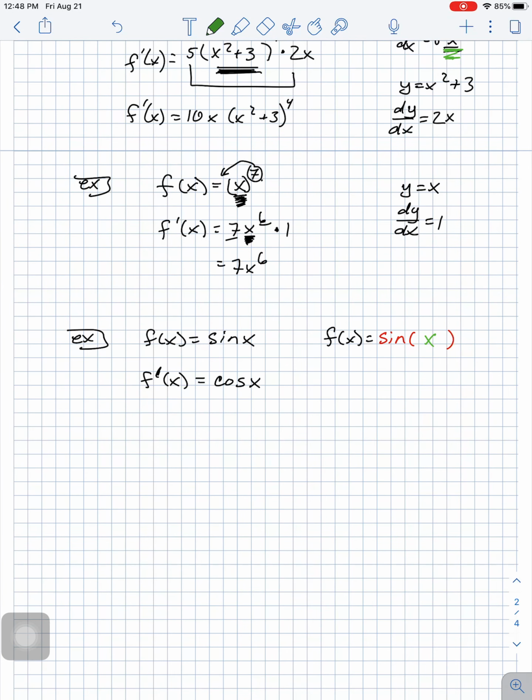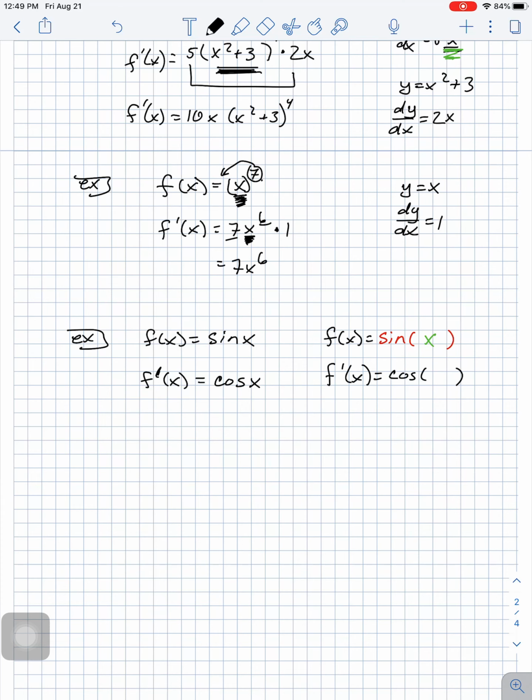Okay, so let's run it through the chain rule verbiage. I'm going to take the derivative here. It's the derivative of the outside function. So what's the derivative of the red? Well, that's cosine. That's my derivative of the outside function.